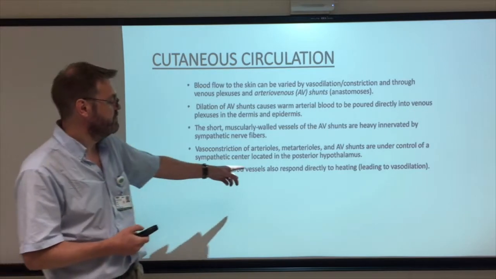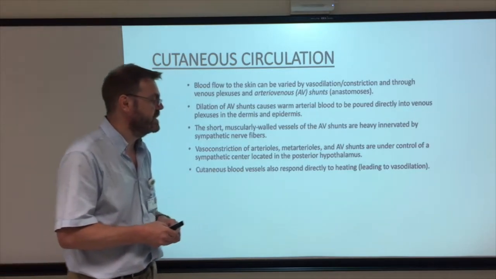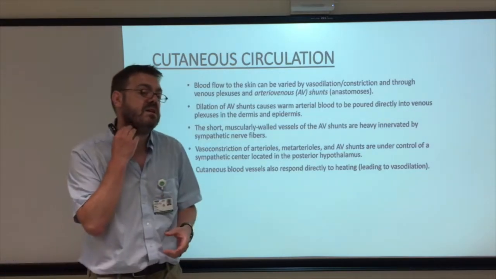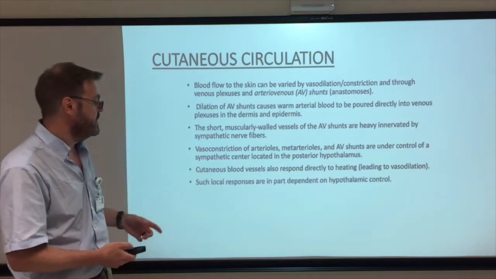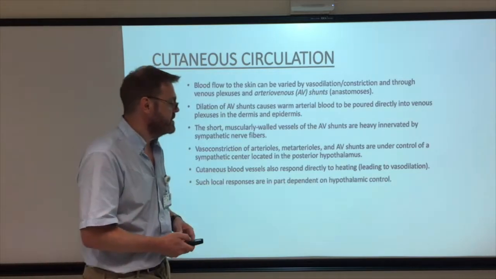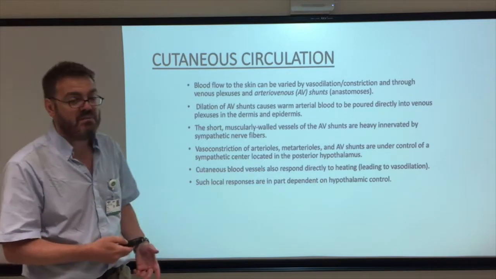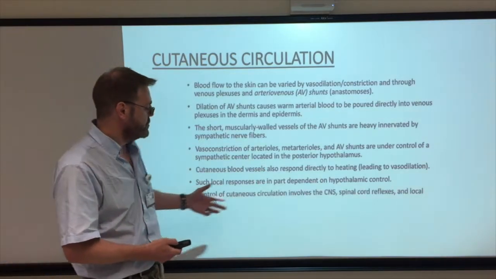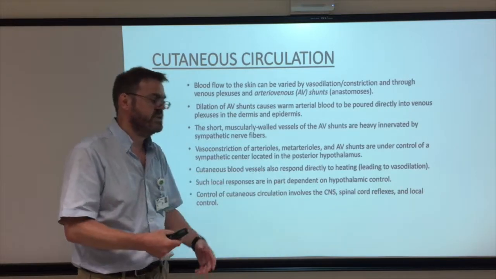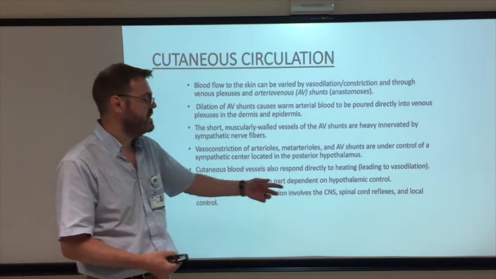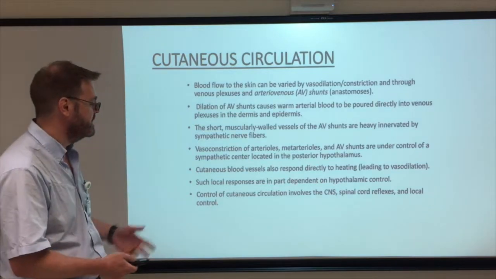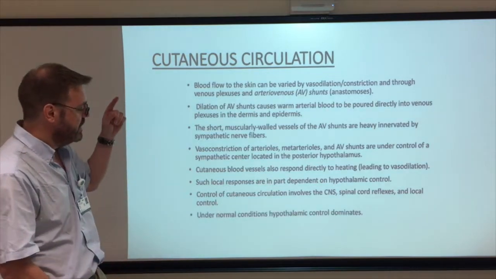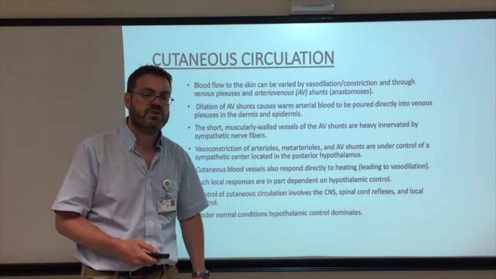So your continuous blood vessels also respond directly to heating, so you lead to vasodilation. So in result, you have local responses, but they are in part dependent on hypothalamic control, and control of the continuous circulation is then an integration of the CNS, spinal cord, reflexes and local control, but the hypothalamic control usually dominates.